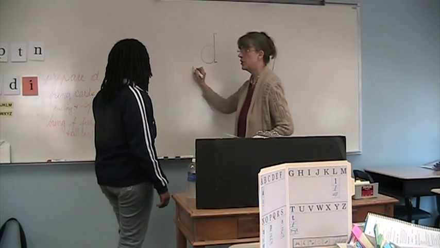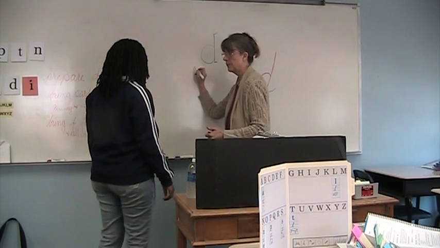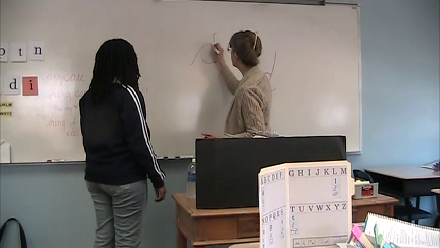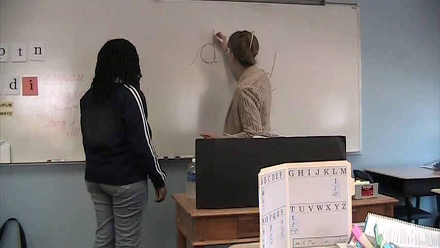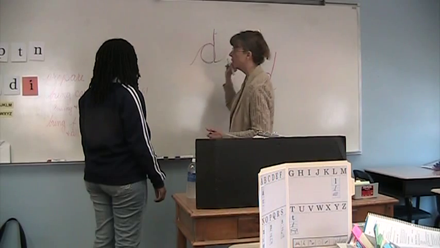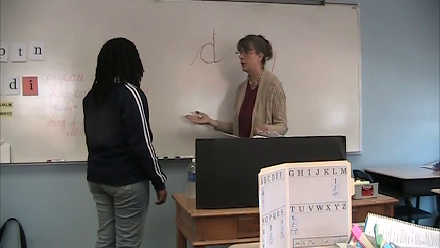So let's see if that fits. Curve up over and stop. Trace back around, pull up, close all the way to the top line, trace back down, stop, and release. Perfect match.